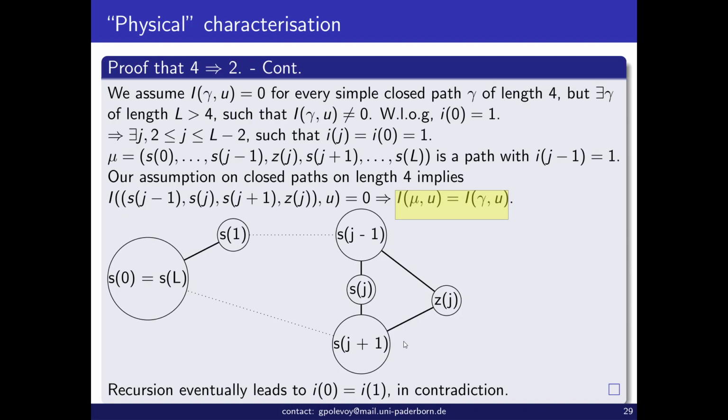And we can recursively go in the same way. Eventually we have to arrive at I0 equals I1, which is a contradiction, as we said, because j has to be between 2 and L minus 2. So we have arrived at a contradiction, and that contradiction concludes the proof that 4 implies 2, and that, as I already said, concludes the proof of the theorem.